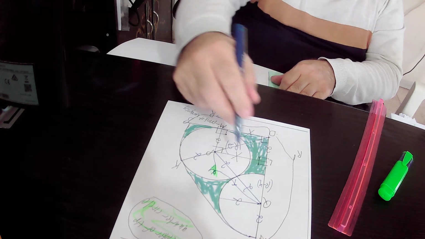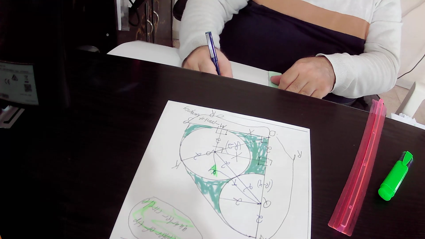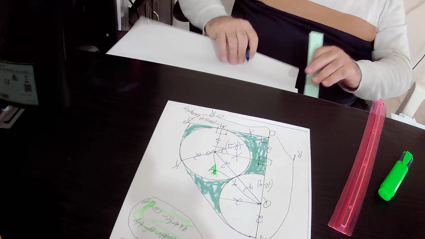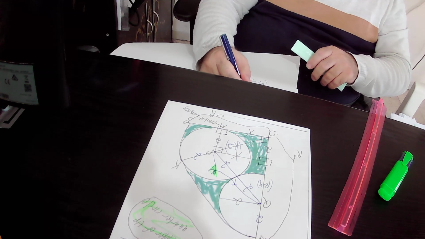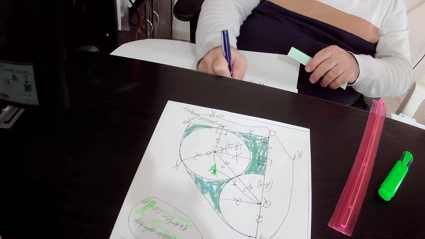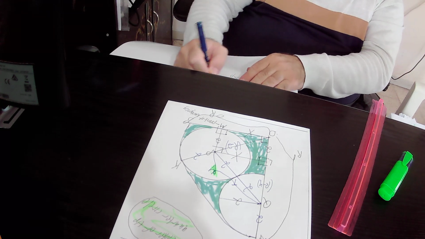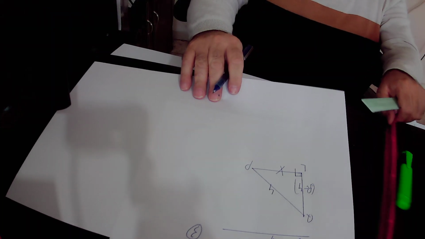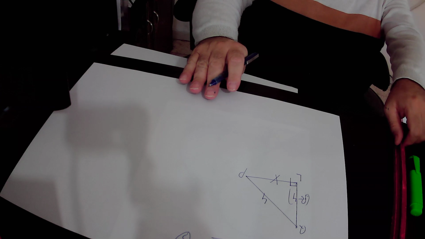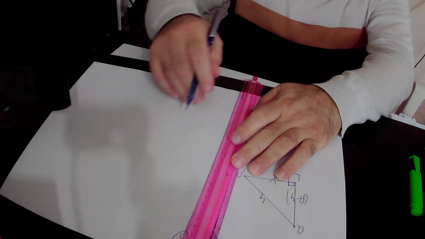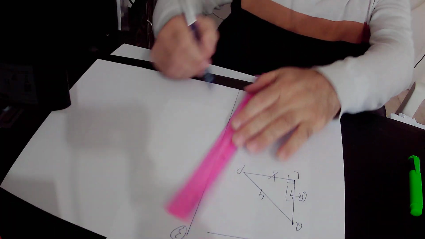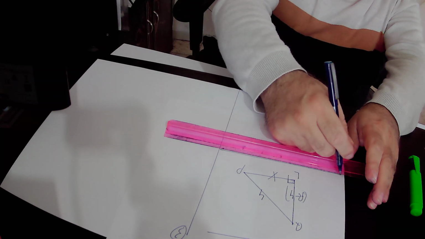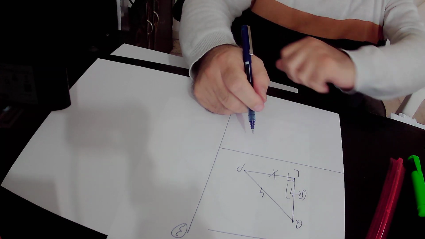The hypotenuse QP equals 4 units, and LP equals x. So this is the right triangle QLP that I copied from the original drawing. We will apply the Pythagoras theorem in this triangle QLP.